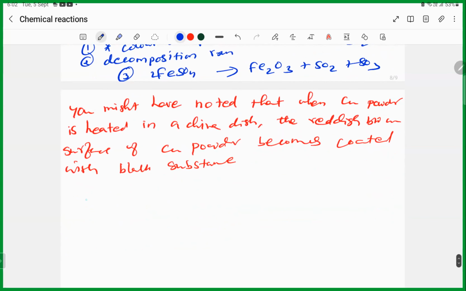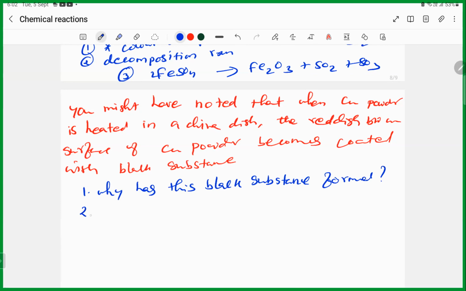Number 1, why has this black substance formed? And number 2, what is the black substance?